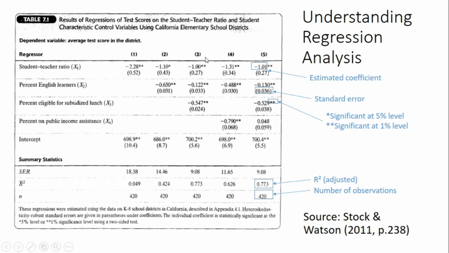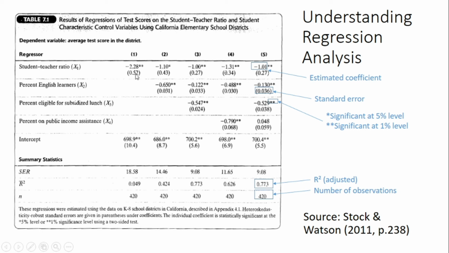The fuller the specification, like in columns 3, 4, and 5, perhaps the more likely we can rely on our analysis because we're controlling for more and more effects. Although it's not quite as simple as that, usually we would like to control for as many variables as possible. And we see indeed that the R squared goes up, showing that our specification is increasing the amount of the variation in the output variable that we can explain.